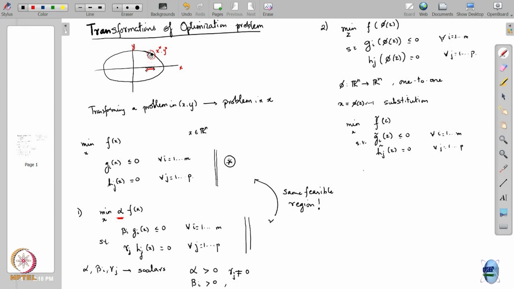Okay, where f tilde is simply f composed with phi, g tilde is also g composed with phi, and likewise h tilde is h composed with phi.